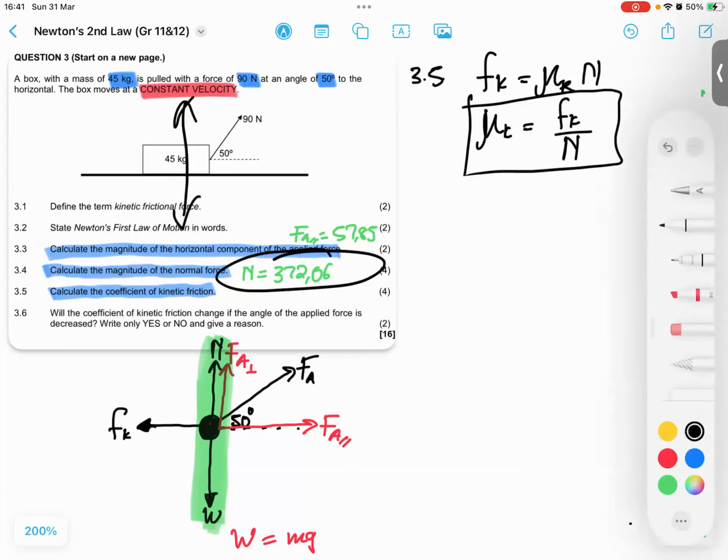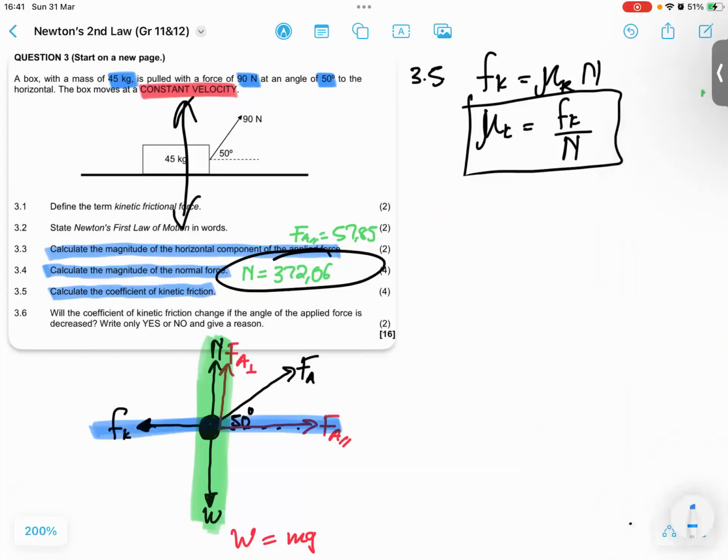we are able to find the frictional force by looking at this part. If you look at the horizontal direction of our free body diagram, we only have two forces. We have the kinetic frictional force, and we also have the parallel component of the applied force.